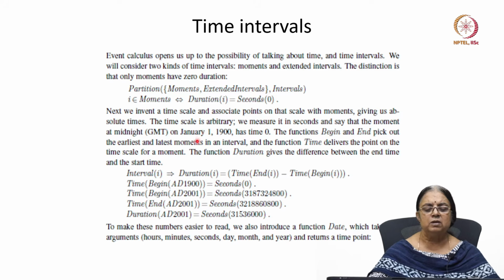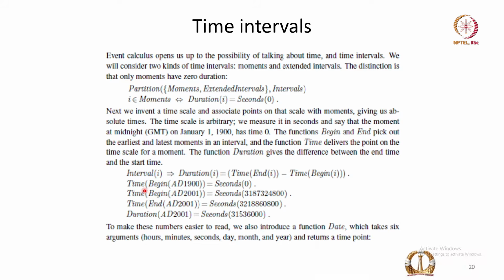Something like you take January 1, 1900 as the base time. So you take it as time 0, and any time after that you can convert into seconds. So suppose time at AD 1900, seconds will be 0.